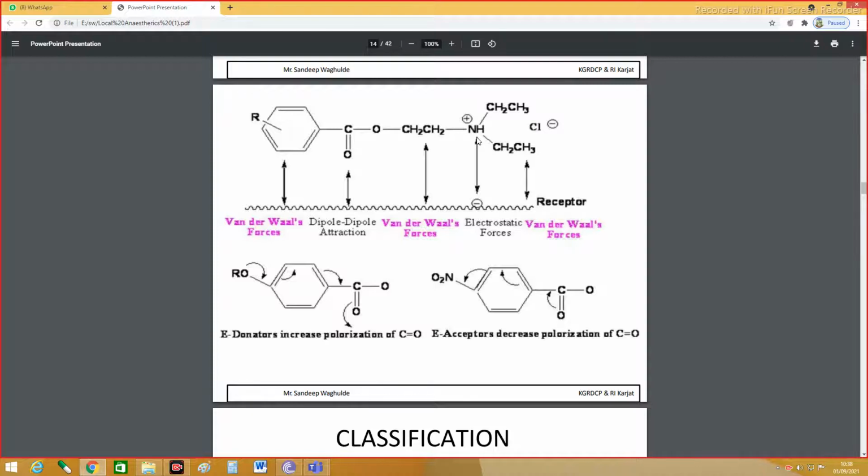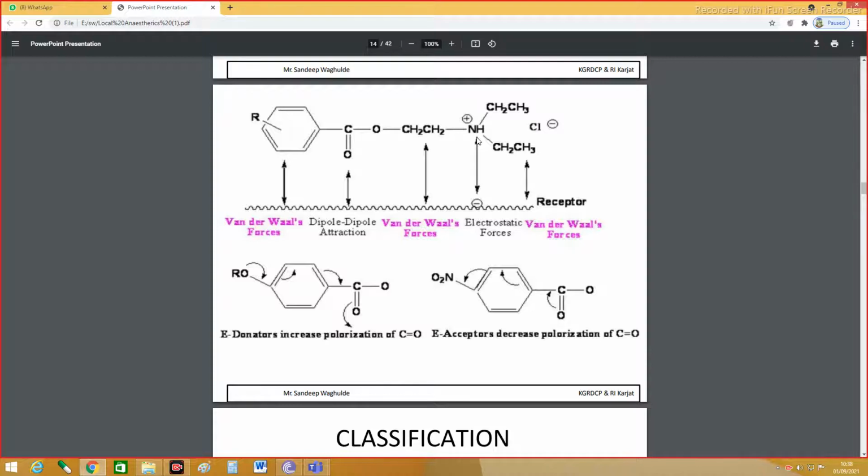Therefore electrostatic forces act with the positively charged nitrogen. And finally, the alkyl groups on the terminal nitrogen amine can interact with the receptors through van der Waals forces.